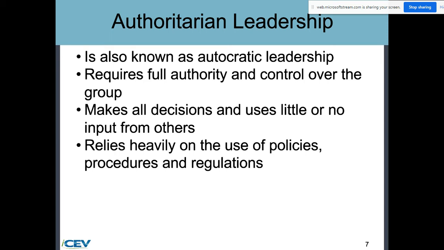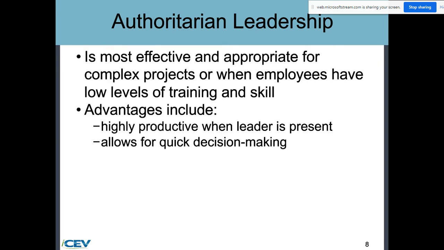Okay, so you may think of it more like, if we're talking in terms of country leadership, you could call it kings, monarchs, dictators, that kind of leadership. It's most effective and appropriate for complex projects when employees have low levels of training and skill.